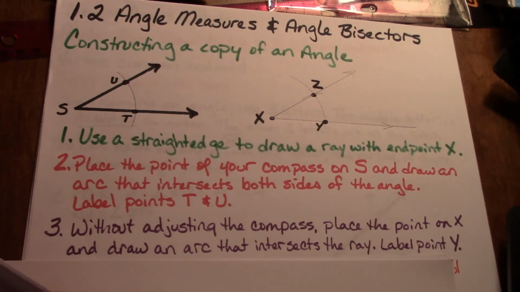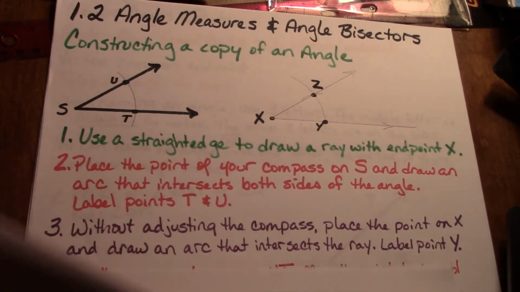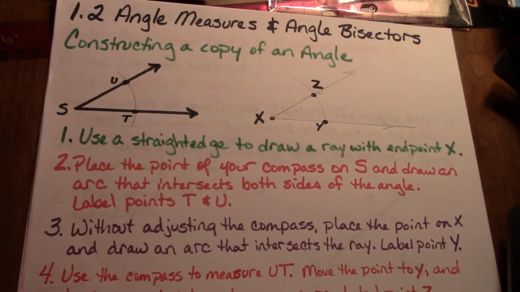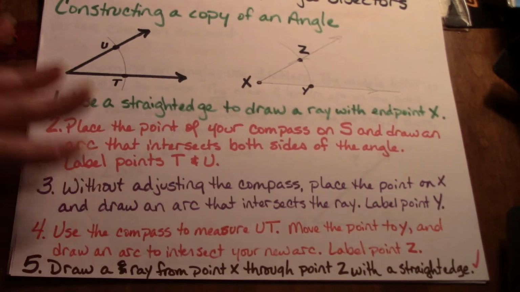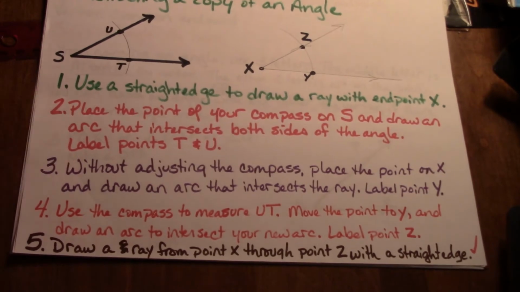And we're going to label that Y. Now we're going to use the compass to measure UT. And we're going to move that point to Y and draw an arc to intersect your new arc, labeling that point Z. And the last thing you do is draw a ray from point X through point Z with a straight edge.